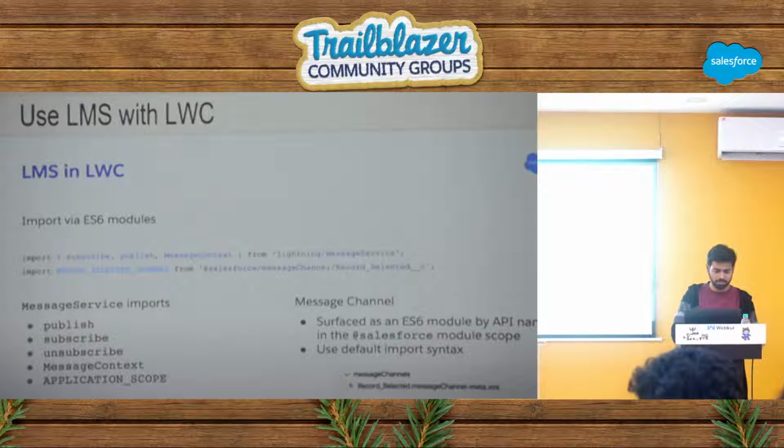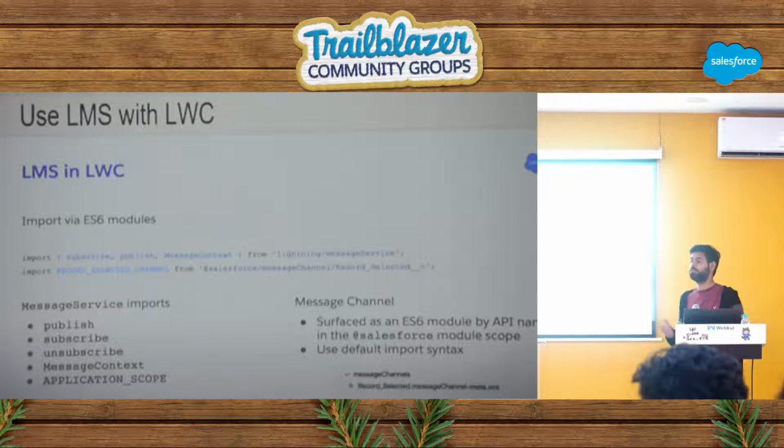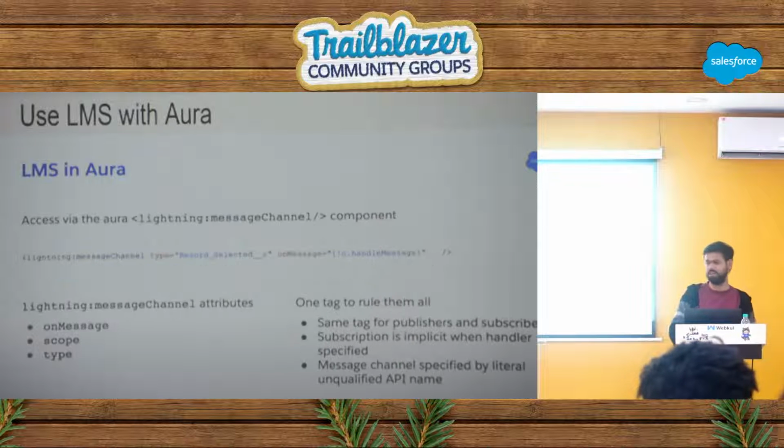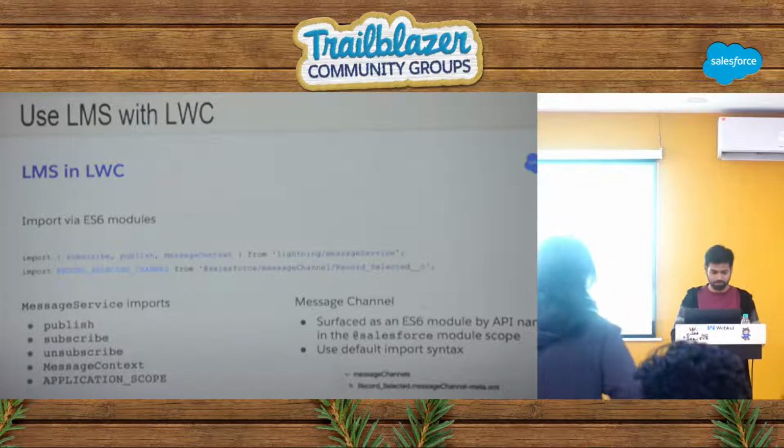There are different APIs available, like publish. We import this in the component from which we want to publish the event. And similarly, subscribe is used when we want to subscribe from another component.